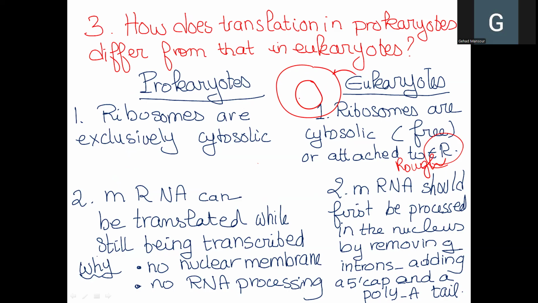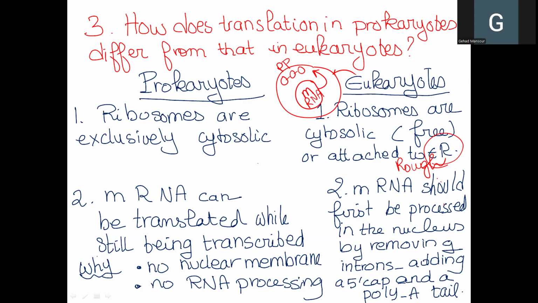We all know that the process of transcription of messenger RNA occurs in the nucleus, and that the process of translation of messenger RNA into a polypeptide occurs inside the ribosome in the cytosol.